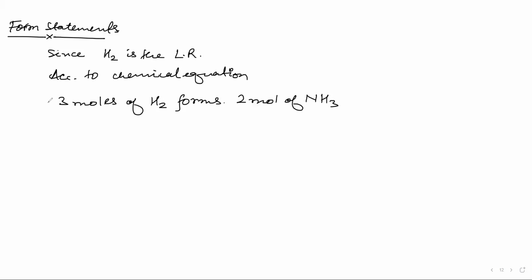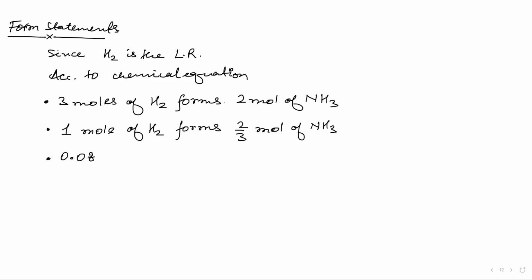Yes, sir. After this, I got confused. After this, 1 mole of H2 forms 2 by 3 mole of NH3. Until and unless you get for 1 mole, you cannot get for 0.089 mole of H2. So 0.089 mole of H2 forms 2 by 3 of that, about 0.0593 moles of NH3.